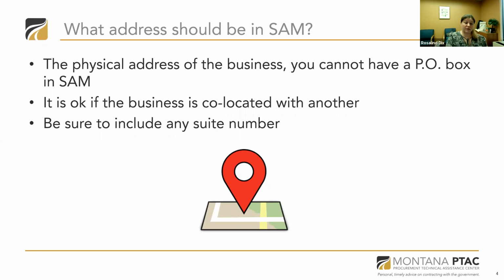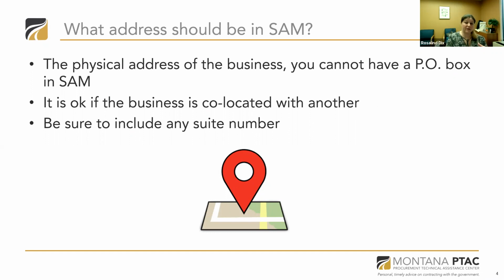If you move locations, or if you're new to SAM, then it is okay if you're co-located with another business. You just have to include the suite number, and that does trigger questions from a department called CAGE, which is Commercial and Government Entity, and they issue CAGE codes, which is similar to a DUNS number, but it's issued by the military for use on military contracts.